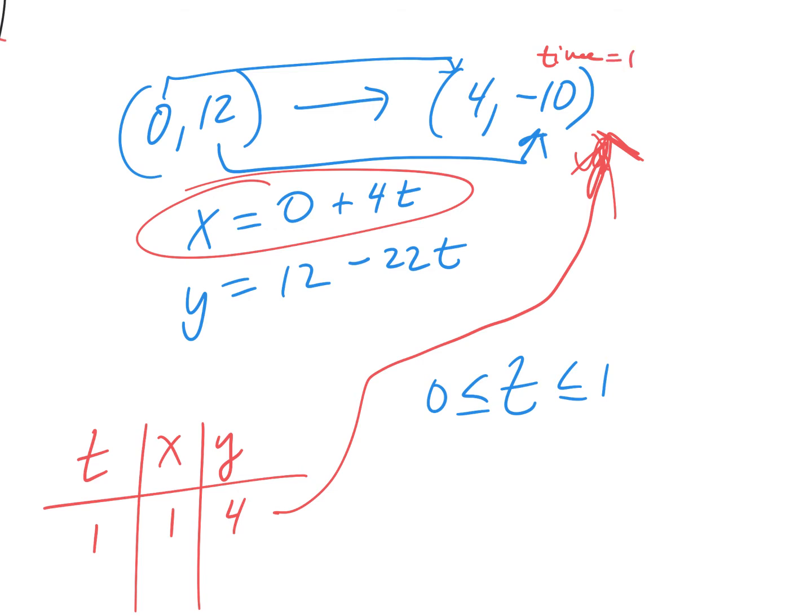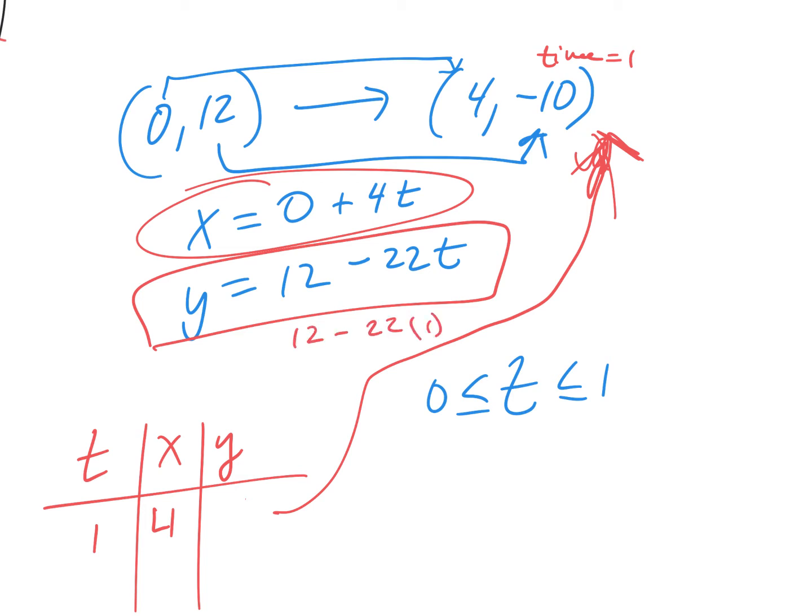And at that time 1, our x was 4. I had the x in the y spot. And then the y is going to be, let me see, I'm going to stick in a 1, and I get 12 minus 22 times 1, which is 12 minus 22, which is negative 10. And that means that at time 1, my point was at 4 comma negative 10. Okay, that is called writing a parametric description.